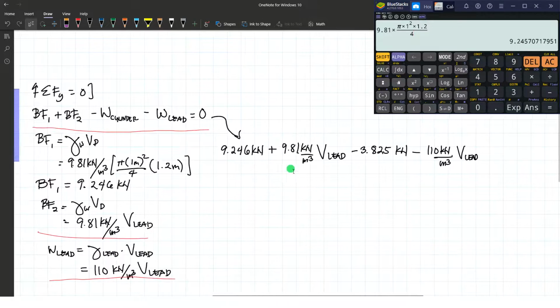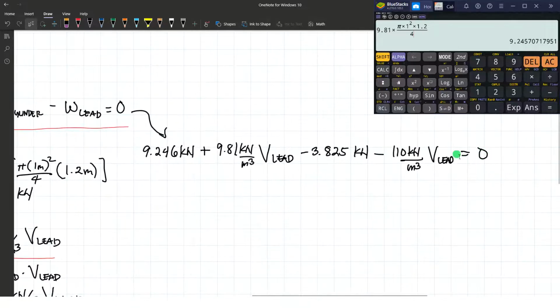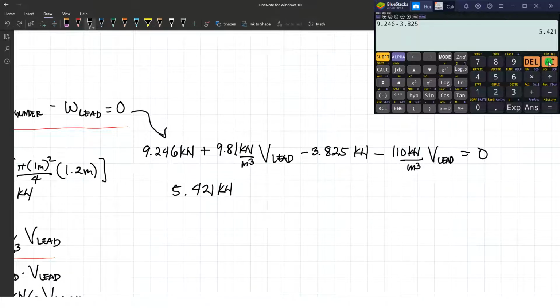So based on the equation, what we can determine first here is the volume of the lead, since that's the variable here. So that's equals to 0. Combining like terms first. We have 9.246 and negative 3.825. So 9.246 minus 3.825, we have 5.421 kilonewtons.